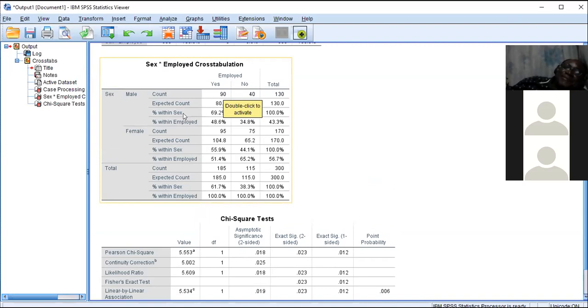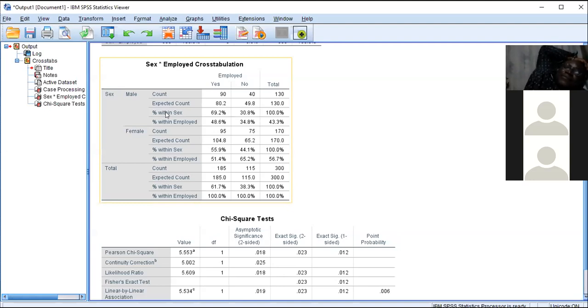The percentage you are seeing here, within sex and within employment, is the direction of the percentage that shows where they are coming from. Within sex, it's telling you, among males, how many are employed, how many are not employed: the percentage of employed and percentage of not employed. Among females, the percentage of employed and percentage of not employed.